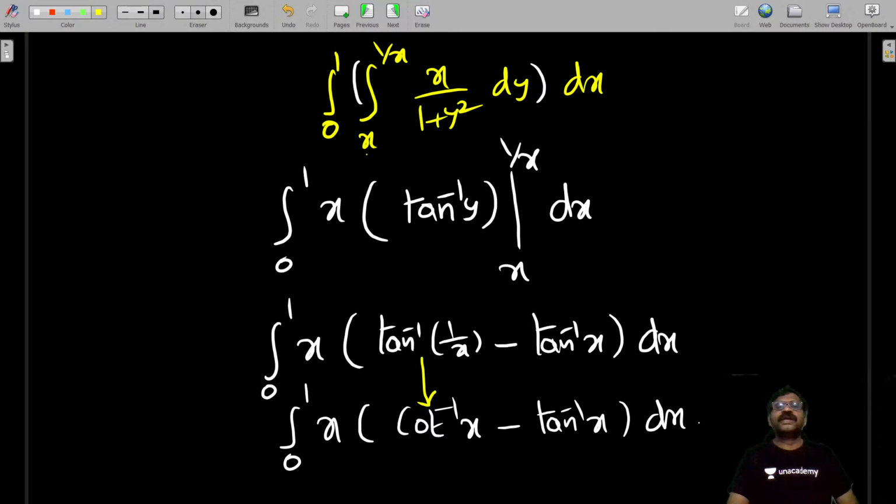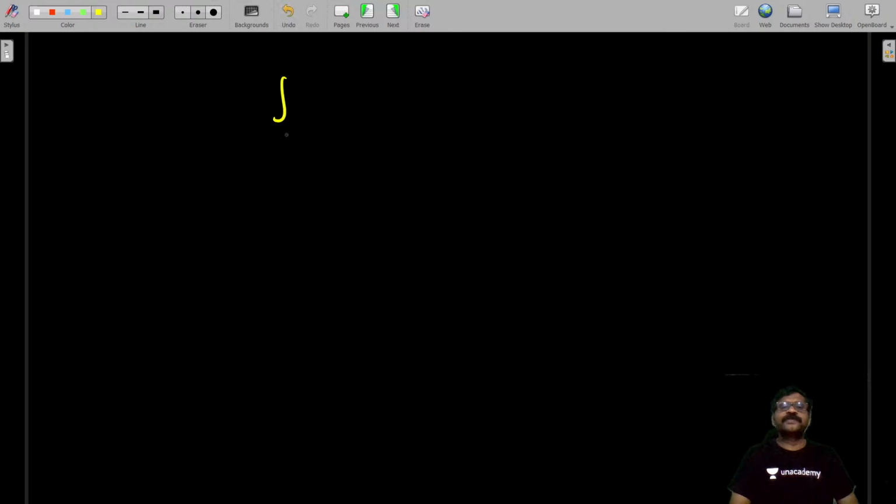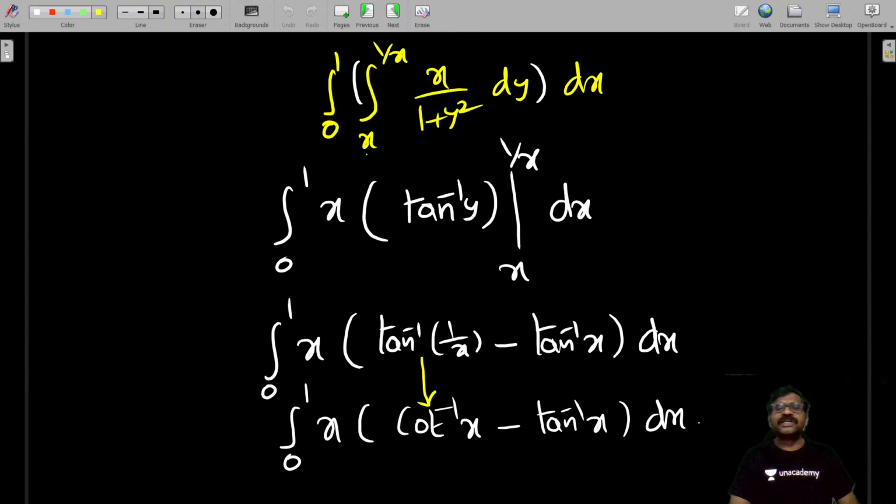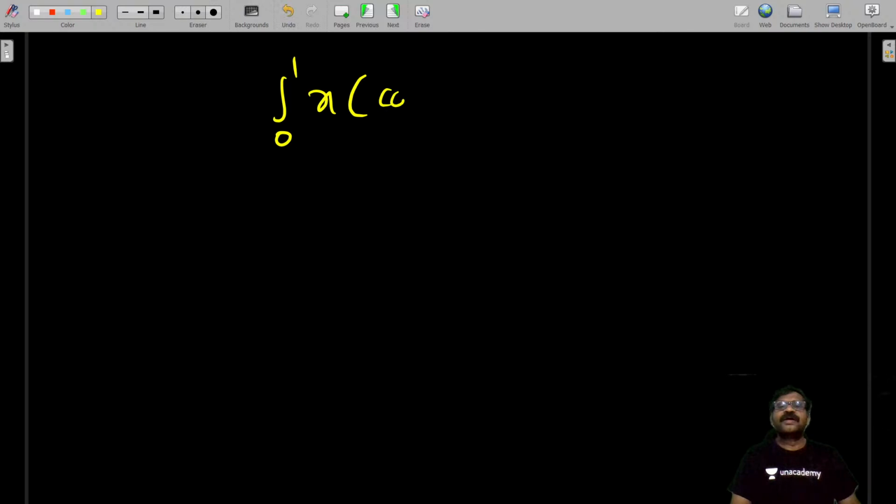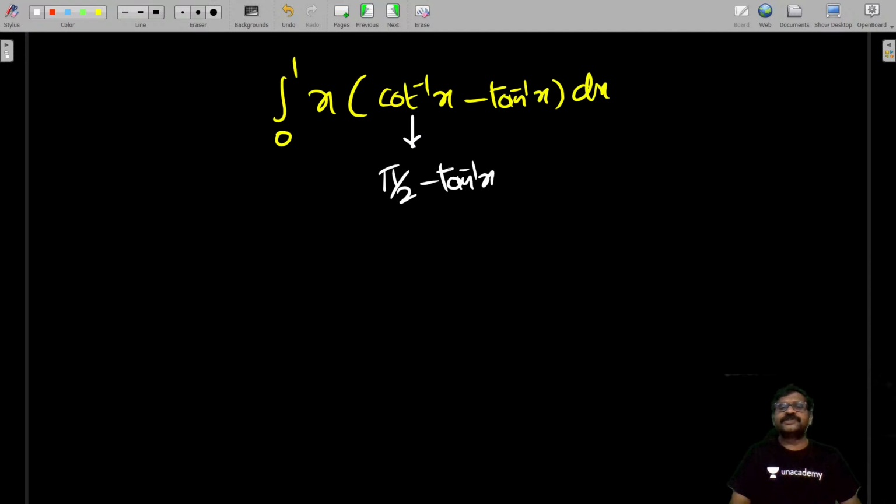Next, integral 0 to 1 of x times cot inverse x minus tan inverse x, dx. In the place of cot inverse x, you can write pi by 2 minus tan inverse x, because tan inverse x plus cot inverse x is pi by 2.